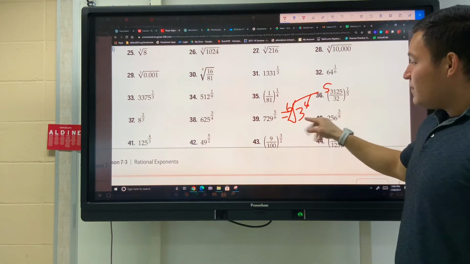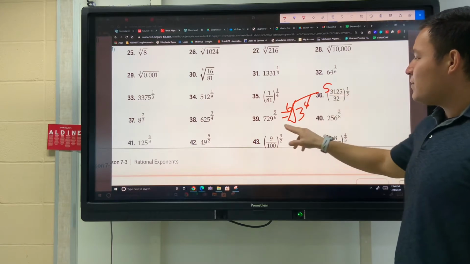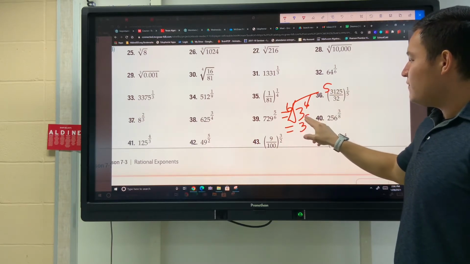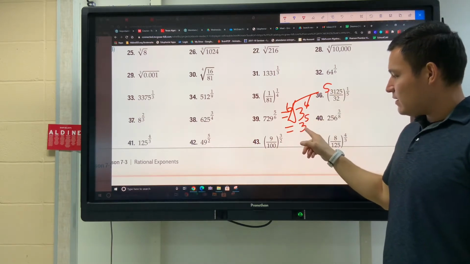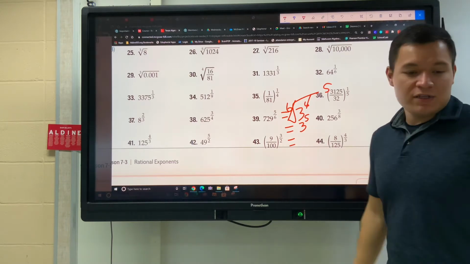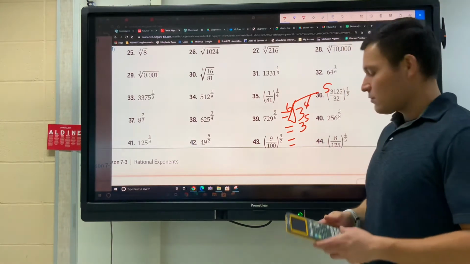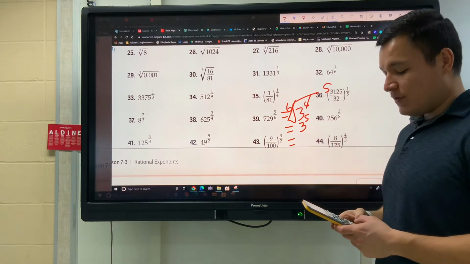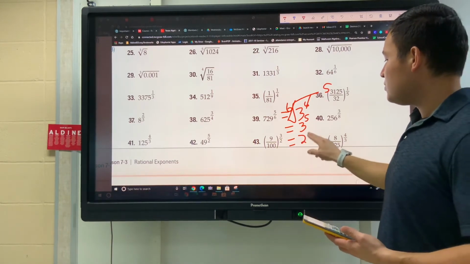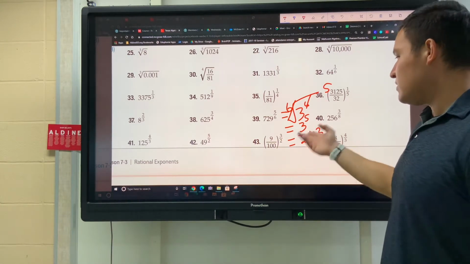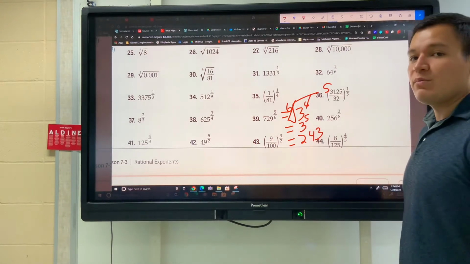And what's going to be left is that 3 and that 5th power up there. So 3 to the 5th power, and this is a number that you would probably want to do in a calculator. 3 to the 5th power is 243. I guess that actually wouldn't have been too bad to do by hand.